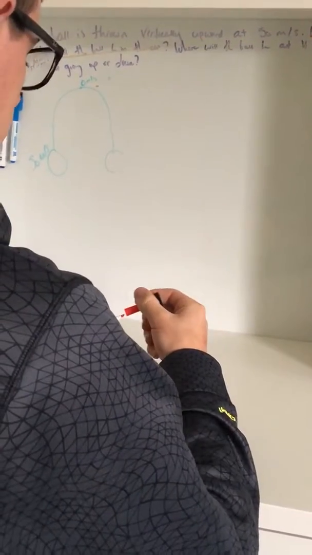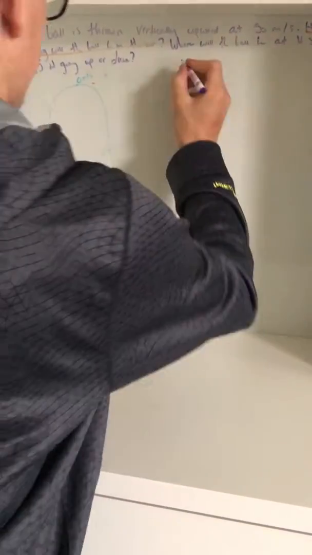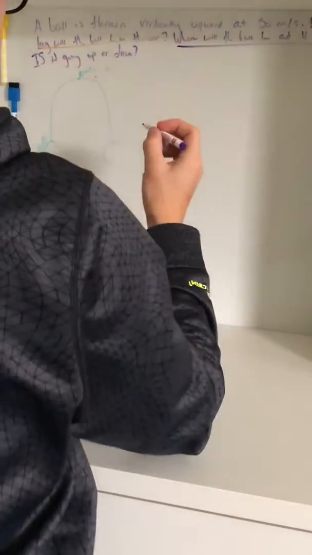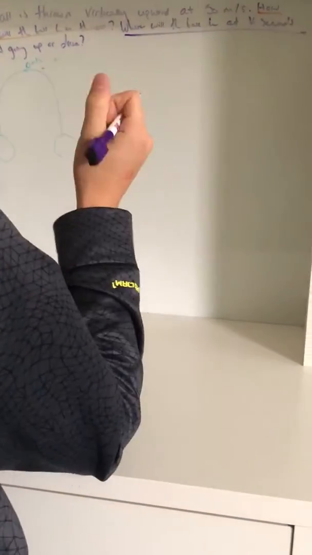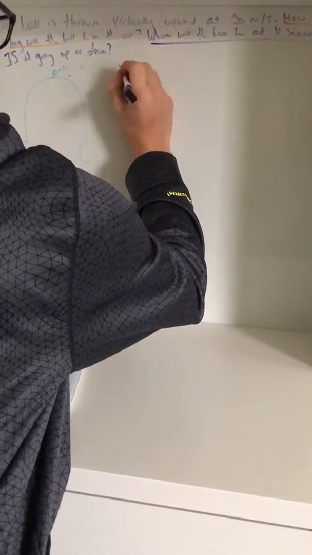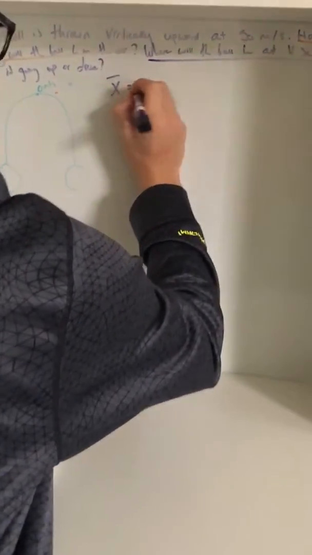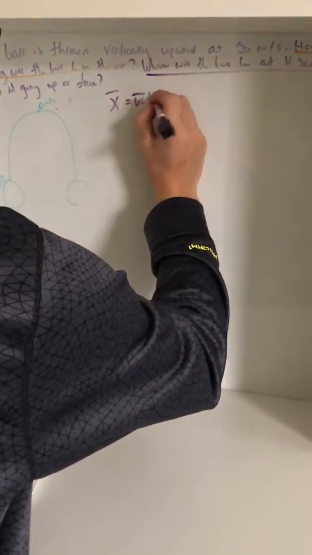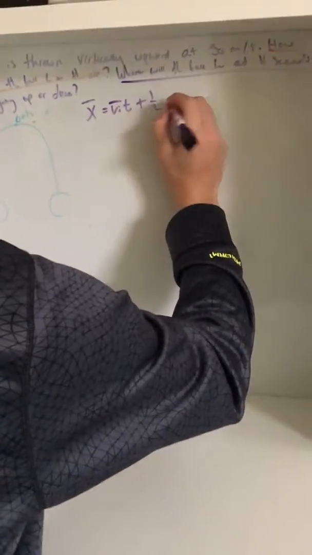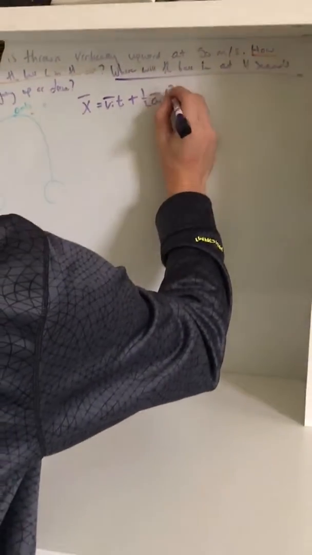Okay, now to the second part of our question. It asks, where will the ball be at 4 seconds? To find that, we're going to need to use our displacement formula, which is displacement equals velocity initial times time plus 1/2 times the acceleration times the time squared.